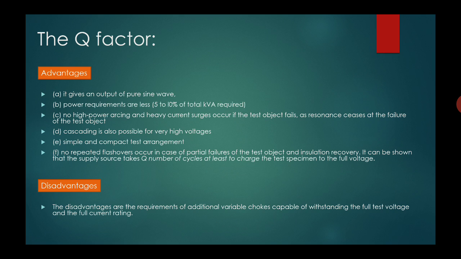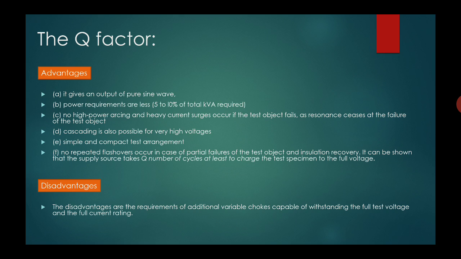So how is the high current reduced? When there is a failure in the apparatus, the circuit will not be in resonance, and only the capacitance will be there, and hence the current will be reduced. Cascading is also possible for very high voltages.